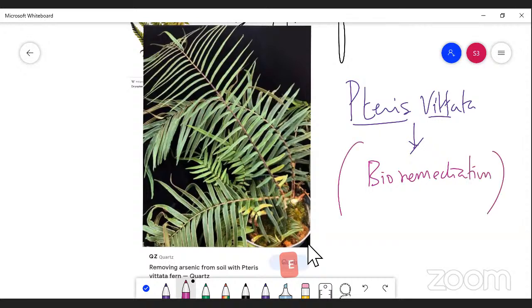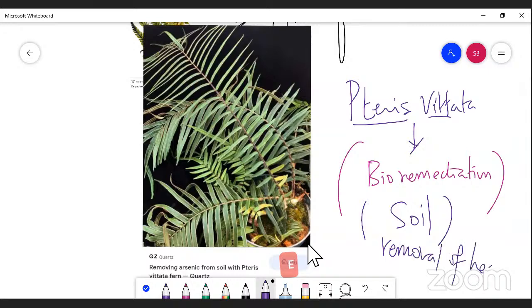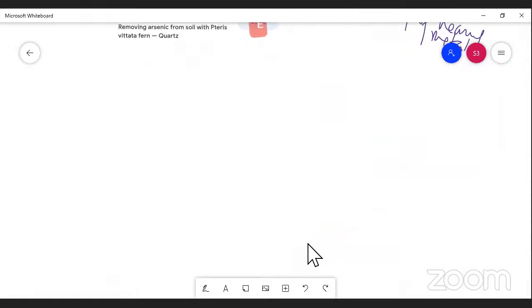So simply I can say, removal of heavy metals in soil is done by the plant called the pteridophyte. My dear students, it is a very interesting session.